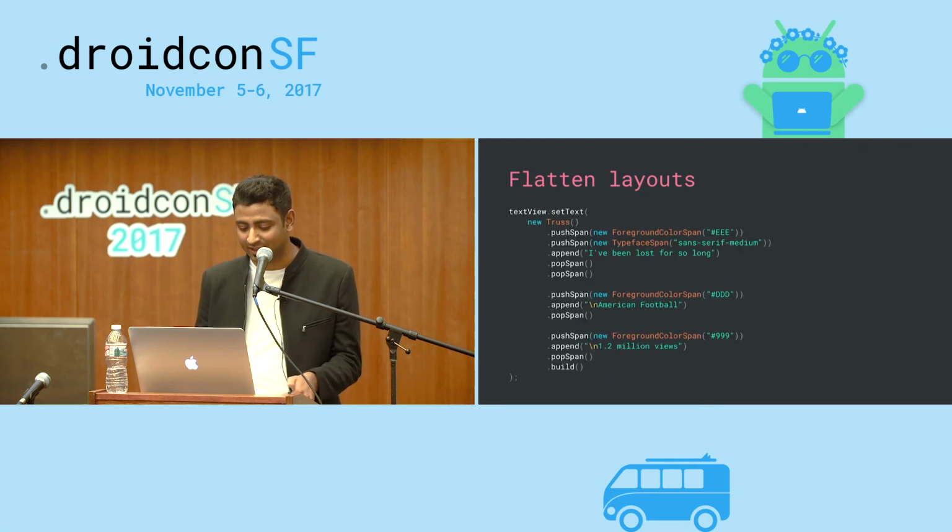And we can use spans instead. This efficiency may not matter in most cases, but if you're using a recycler view where each row has a very complex layout, reducing the number of views might give you a small performance boost.